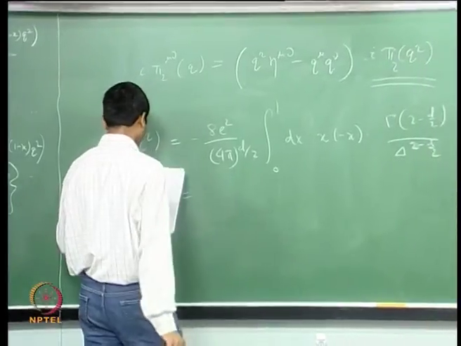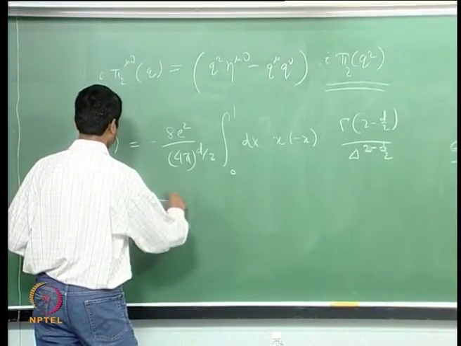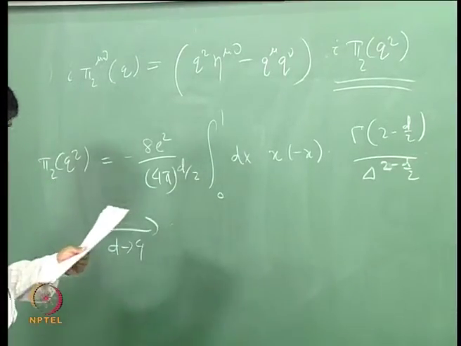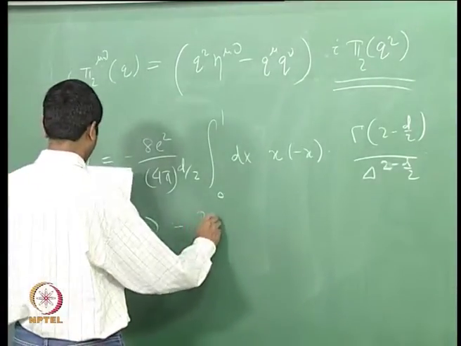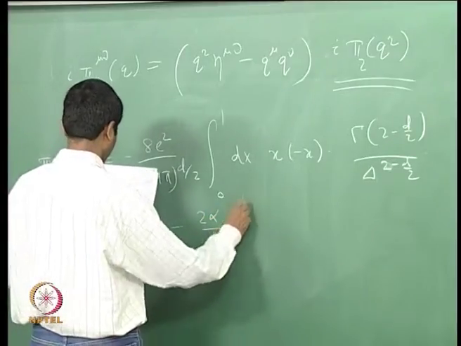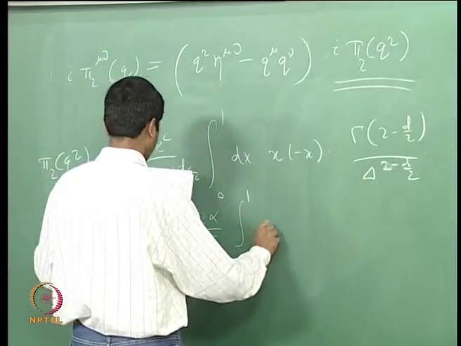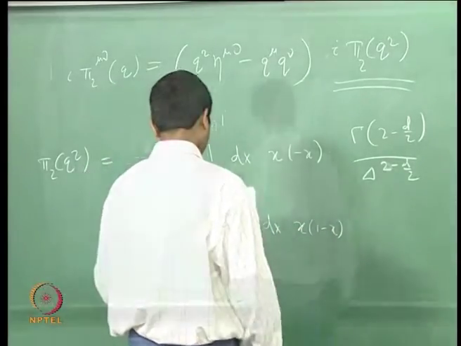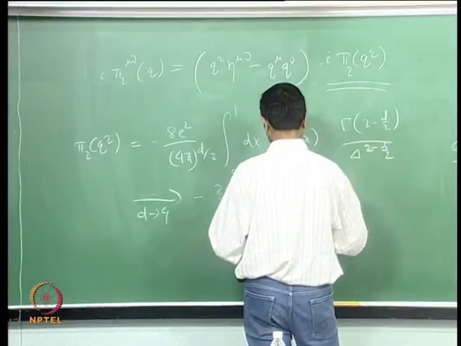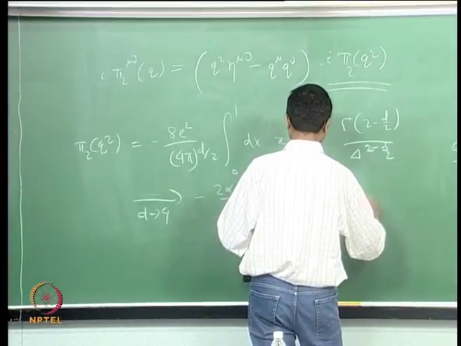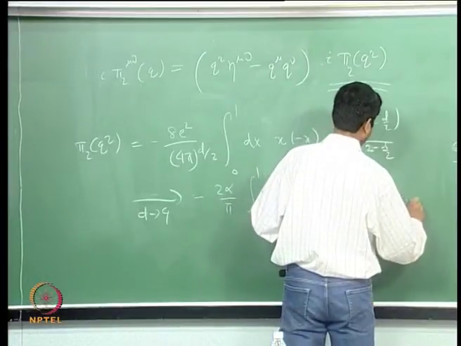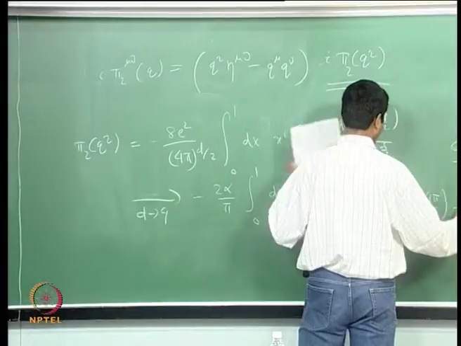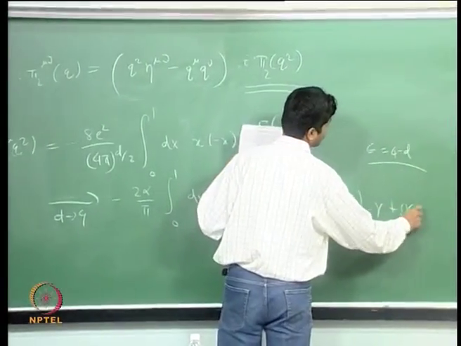We can take epsilon to be 4 minus d, and then we can consider terms up to order 1. Then in the limit when d goes to 4, pi 2 of q square is simply given by minus 2 alpha divided by pi, integral 0 to 1 dx x times 1 minus x, and this term here is simply given by 2 by epsilon plus log 4 pi divided by delta minus gamma plus order epsilon term.